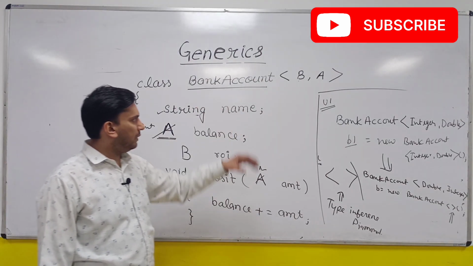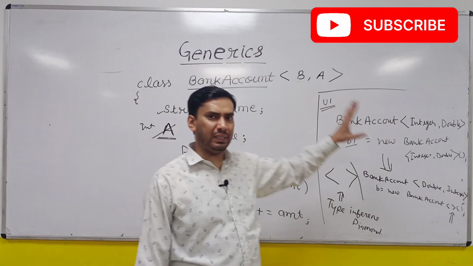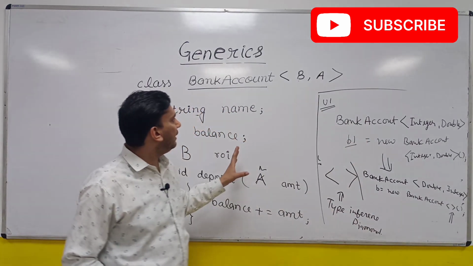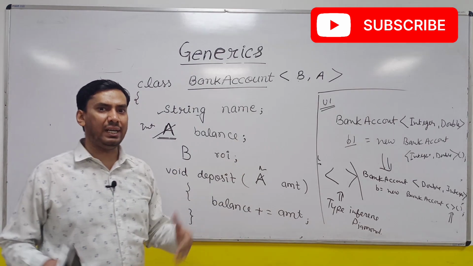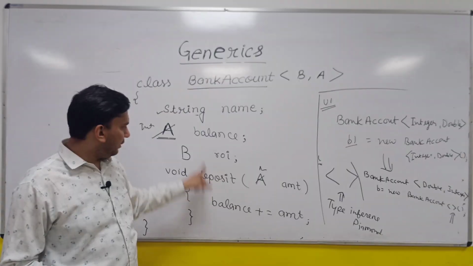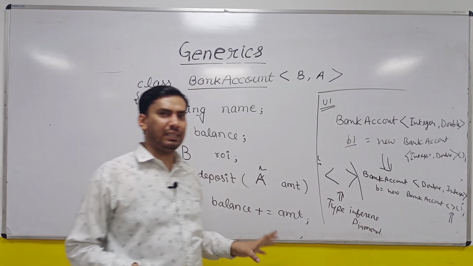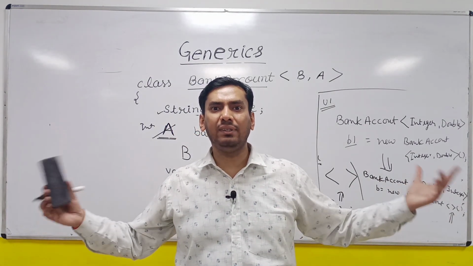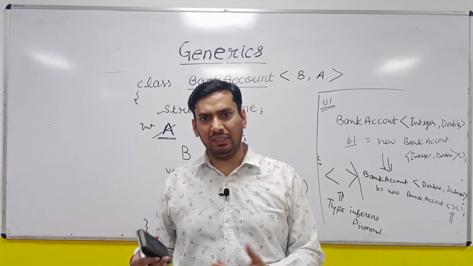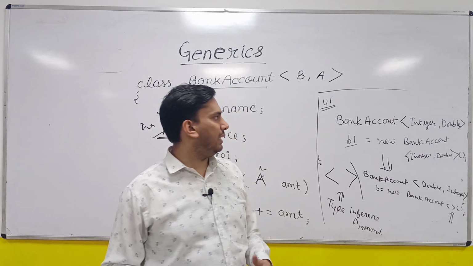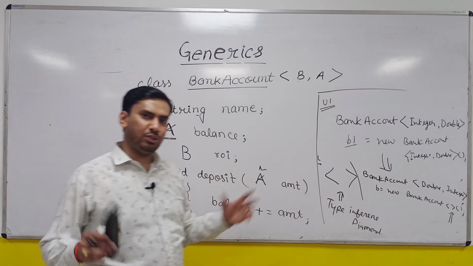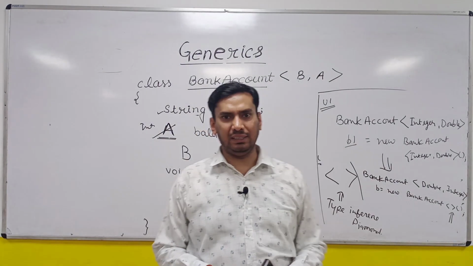There are so many other things in generics also, bounded types, wildcard, but as of now you can understand the concept of generic class. Why generic class? What is the benefit? You have seen that when you create a generic class, multiple objects of the same class can have different types for the same set of attributes. Right? And this is your type inference diamond. So that's all about the generic class in Java.